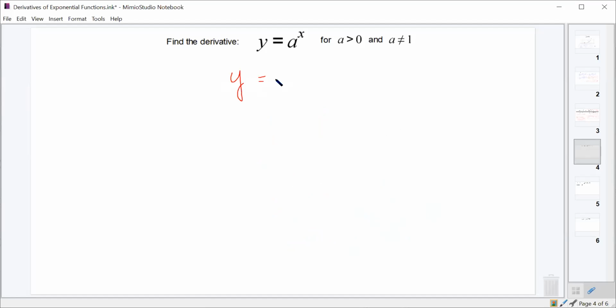You get a to the x. y will equal what? a to the x. e to the natural log of a to the x. Everybody agree with that? Yeah. And how could I rewrite that? What can I do with this x that's a power inside of a logarithm?